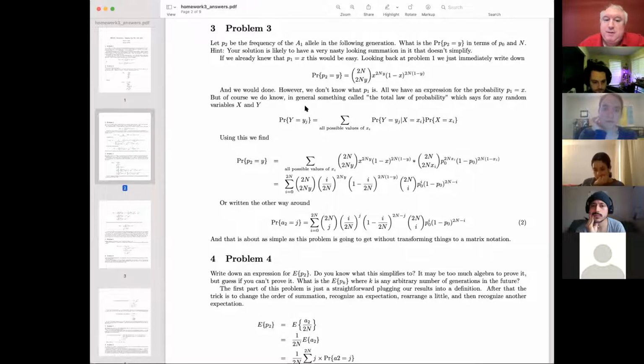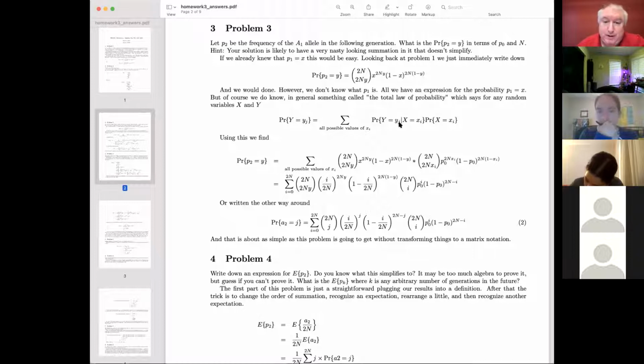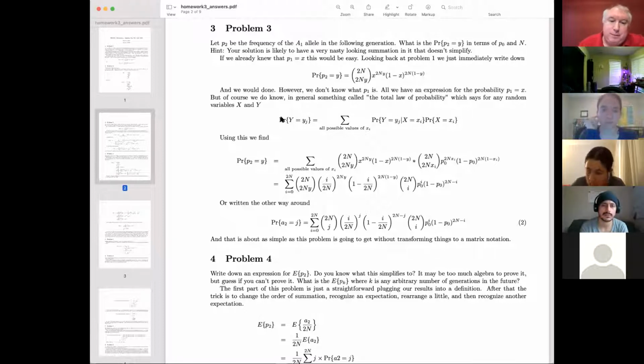So instead, to find the probability that P2 equals y, or I guess, boy, this was not a beautiful way. I'm sorry. I'm trying to teach you the total law of probability. So, I've got a random variable y, and I want to know the probability y is equal to yj.